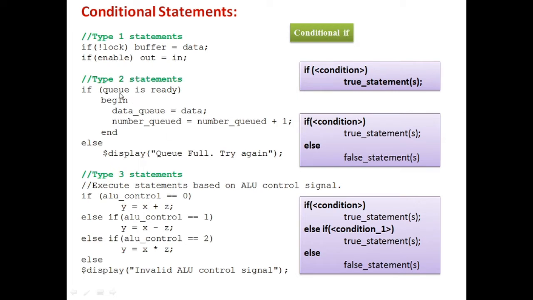Let us take an example: if queue is ready. In the sense it is giving the meaning that the queue is vacant. So once the queue is vacant, data can be entered into the data queue register. Once the queue is slowly being filled, generally its index value will get incremented.